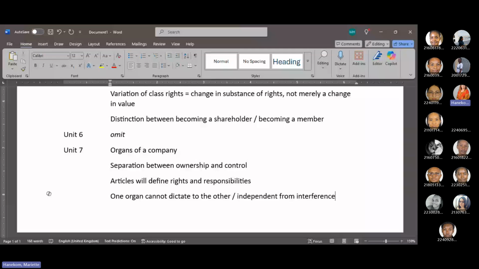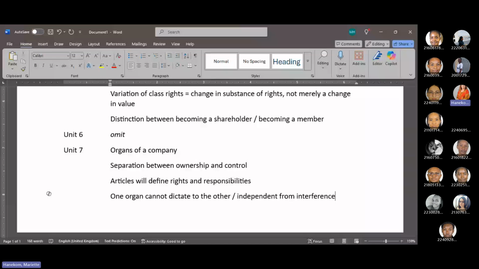Next moment, the minister calls them and says, no, you can't appoint that chief executive officer. Cancel the appointment, cancel the recruitment. I want you to appoint Johnny. From a corporate governance point of view, that is very wrong. Shareholders must not interfere with decisions that fall within the realm of the duties of the board.